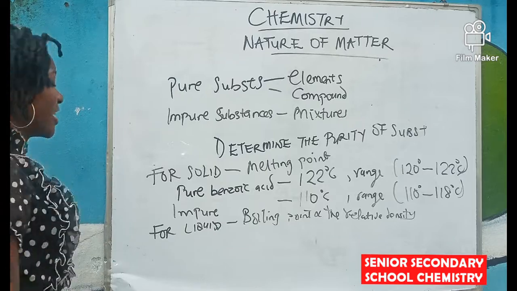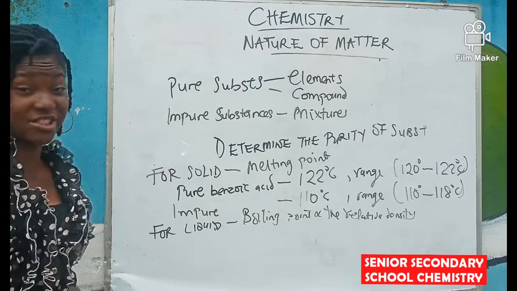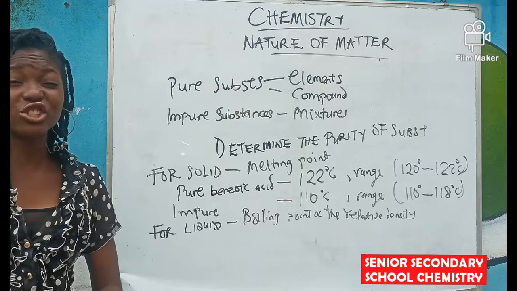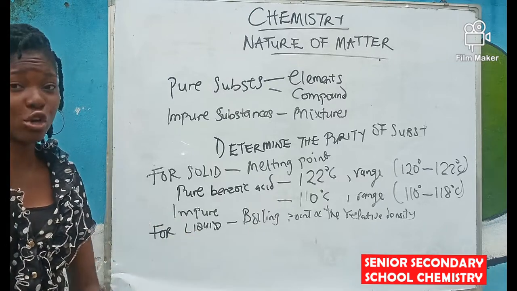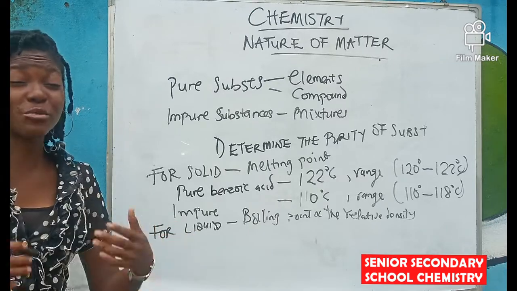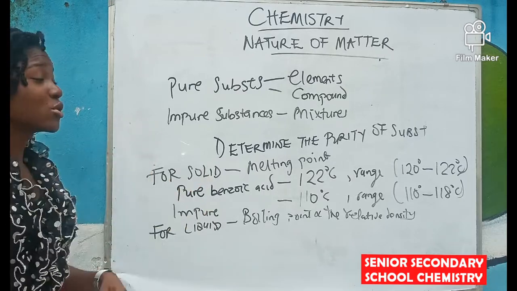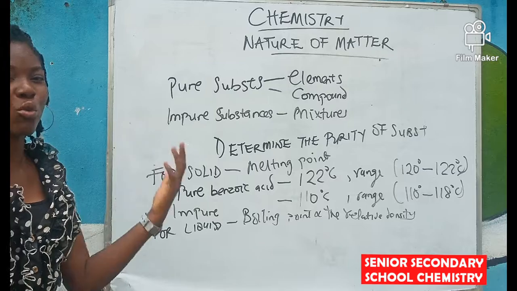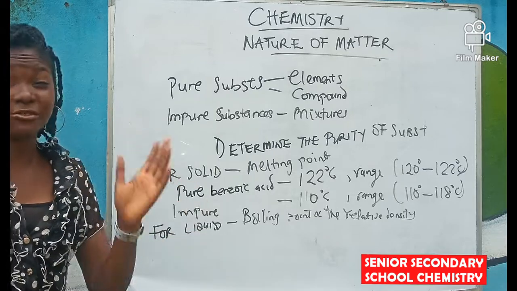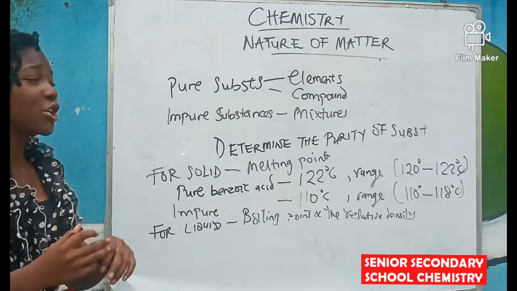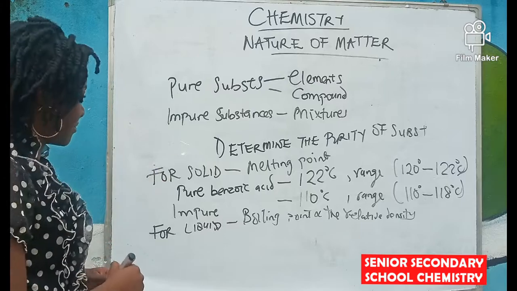Water has a boiling point of 100 degrees C and a boiling range of 99 to 100 degrees C. The presence of impurities in water increases the boiling point. So the boiling point of impure water is 105 and the boiling range is 99 to 105.